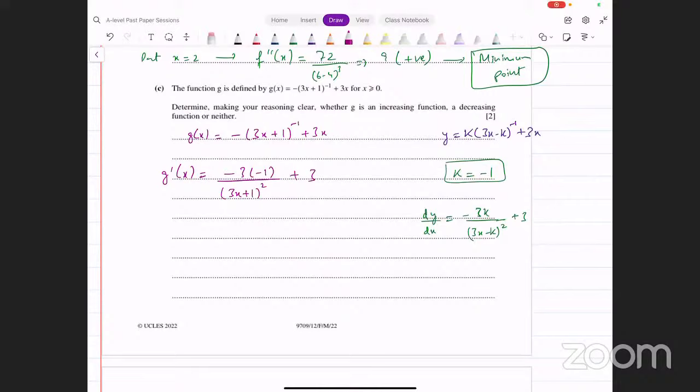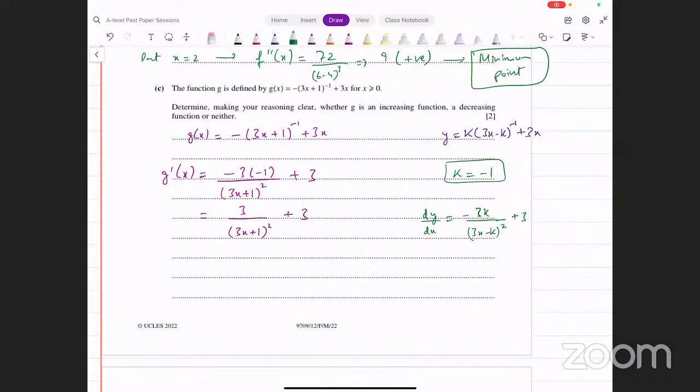Right? Or you could just actually differentiate it again, यहाँ पे बहुत आसान था, आप दोबारा से खुद से differentiate कर लें, it doesn't matter. You don't necessarily have to use the previous part, आप खुद से वैसे भी कर सकते थे. That's also possible. अच्छा, आपने differentiate कर लिया, आपके पास क्या आ गया? आपके पास आ गया 3 over (3x plus 1) whole square plus 3.